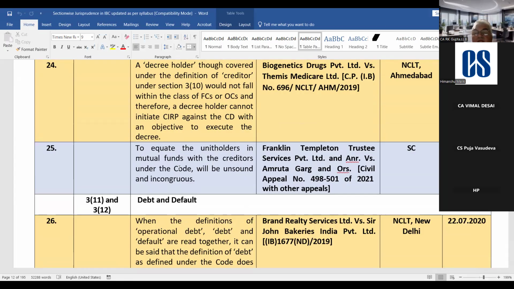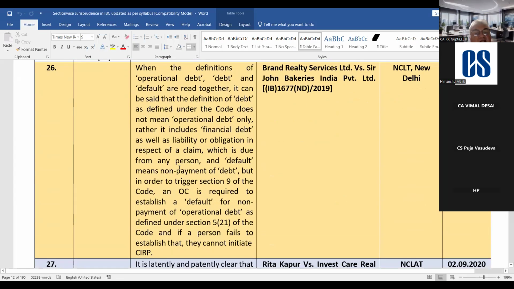Debt and default, debt and default पर भी बहुत सारे केस लॉज हैं। Section 3, 11 and 12 क्या बोलता है: when the definitions of operational debt, debt and default are read together, हम तीन definitions को इकट्ठा पढ़ते हैं, operational debt, debt and default. It can be said that the definition of debt as defined under the code does not mean operational debt only, rather it includes a financial debt as well as a liability or obligation in respect of a claim which is due from any person, and default means non-payment of debt.